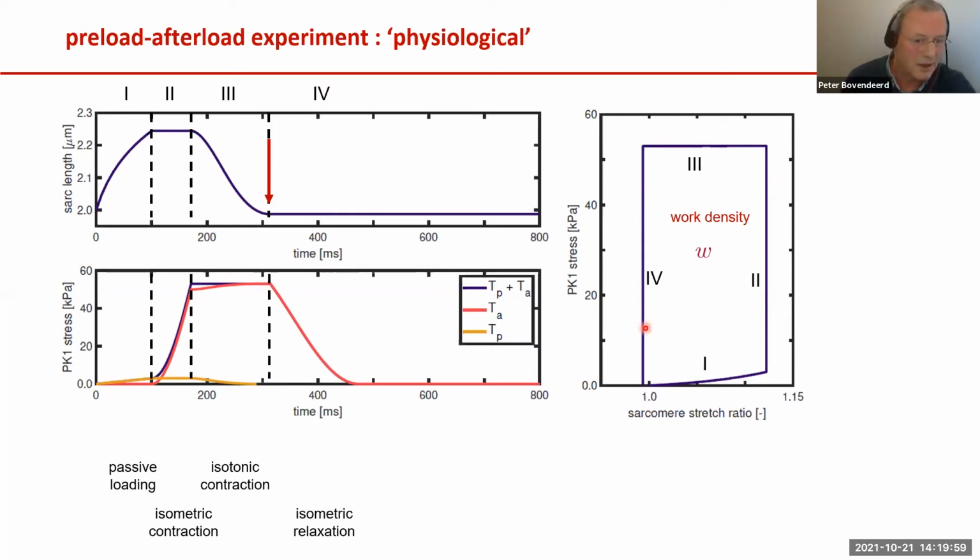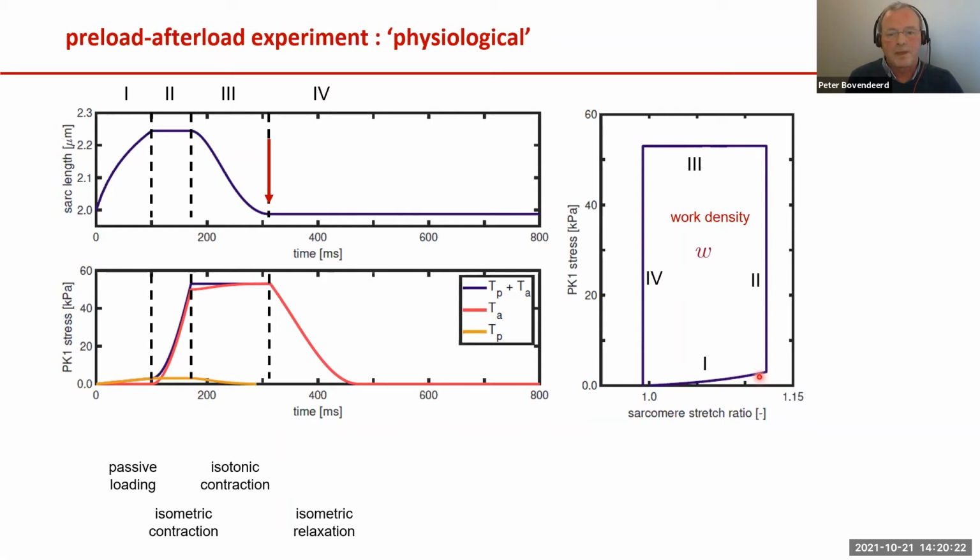And you might recognize this loop at the organ level, where we have a pressure volume loop. So here we have a stress stretch loop. And the meaning of the area within this loop is that it represents the amount of work generated by the tissue per unit of tissue volume.